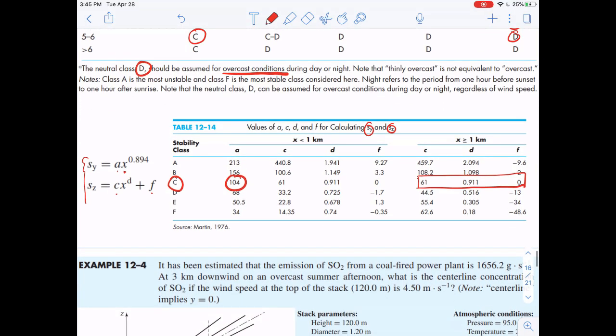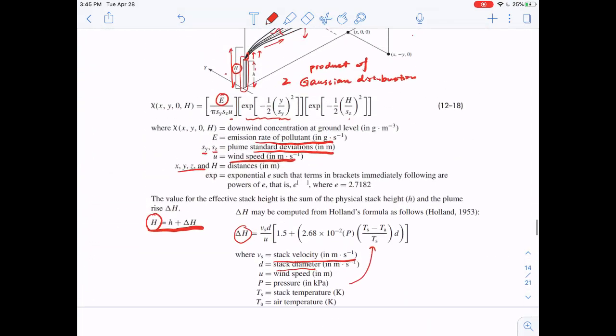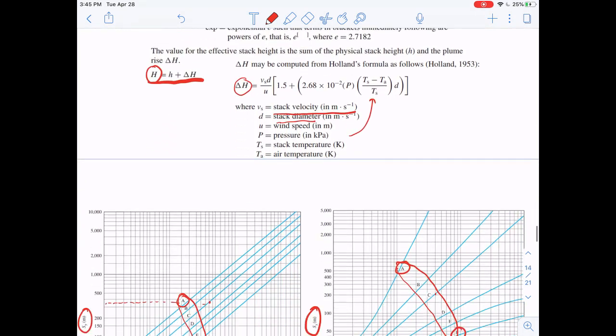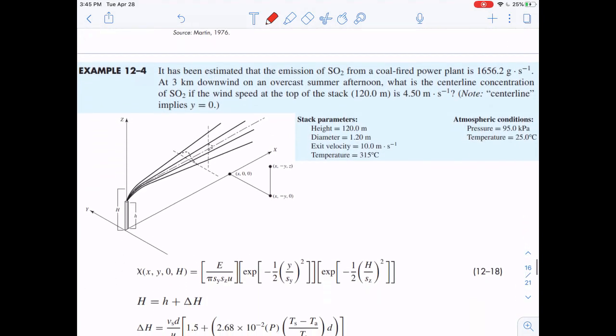So basically you can plug in A with 104 and X with 3 kilometers and calculate SY, and then by using C, D, F, with X having the value of 3 kilometers, calculate the dispersion or standard deviation in the Z direction. And then since we have all of these parameters, we can plug them in to calculate the concentration.